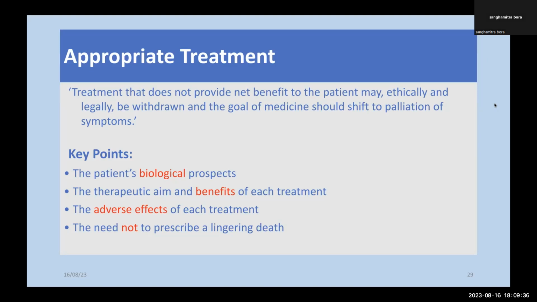Appropriate treatment by definition means that this treatment does not provide net benefit to the patient, may ethically and legally be withdrawn, and the goal of medicine should be shifting to palliation of symptoms. So for patients whom we have properly evaluated as being at the end of life, we will have to devise an appropriate treatment.